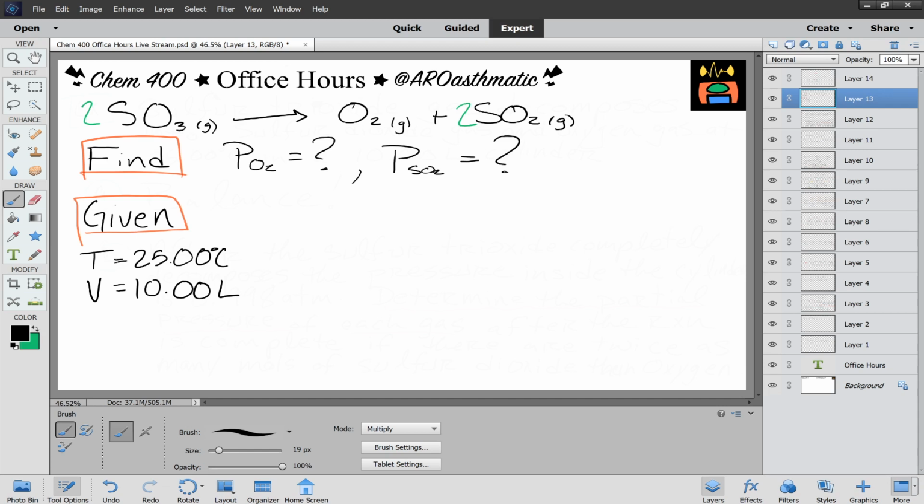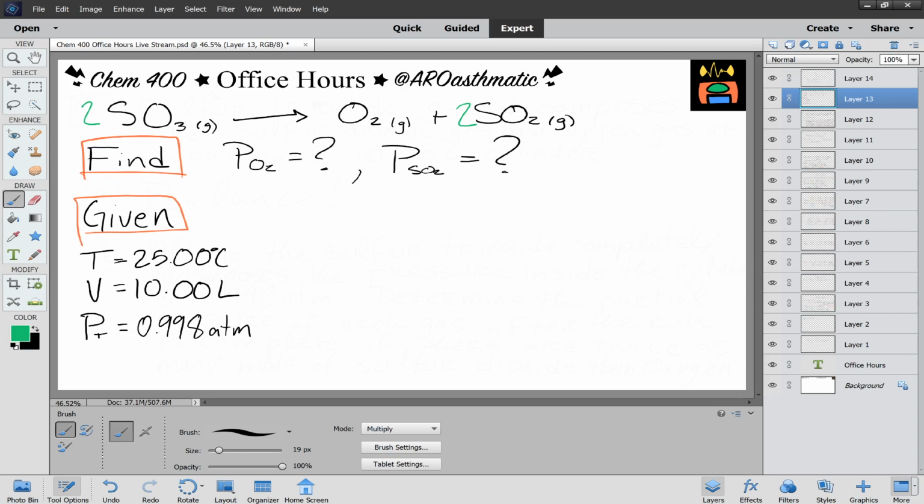Now this is the total pressure, because it's the pressure inside the cylinder. What's inside the cylinder? Both of these 2 gases, oxygen and sulfur dioxide. So our total pressure is equal to 0.998 atmospheres.